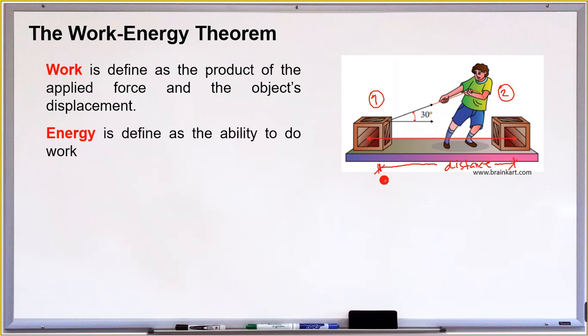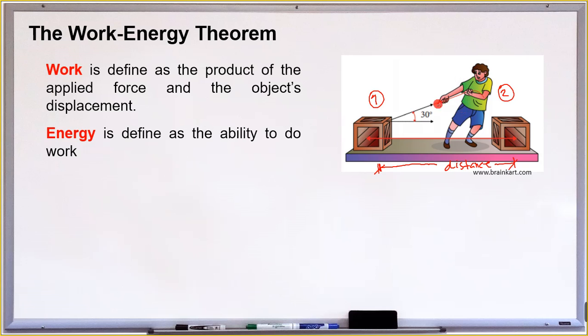So next, energy. Energy is defined as the ability to do work, no? I think you have already been through this in your thermodynamics class, no? So energy can be transformed from one form to the other. So of course, in our figure here, the man possesses chemical energy inside his body from the food that he ate, and then that chemical energy will be transformed into kinetic energy or mechanical energy.